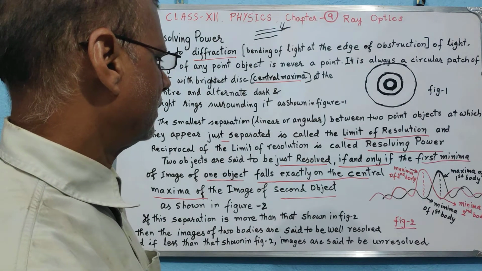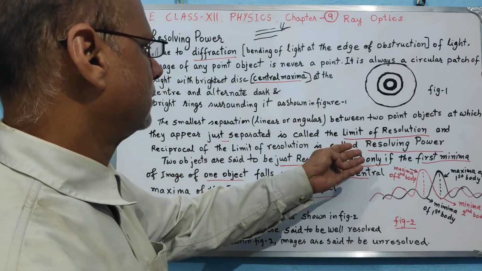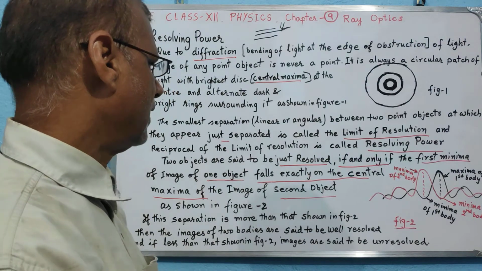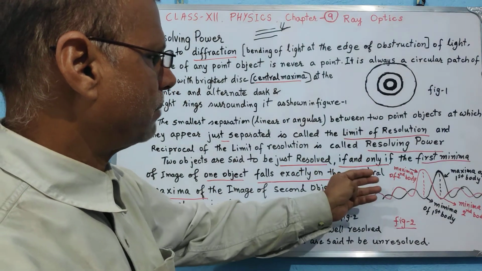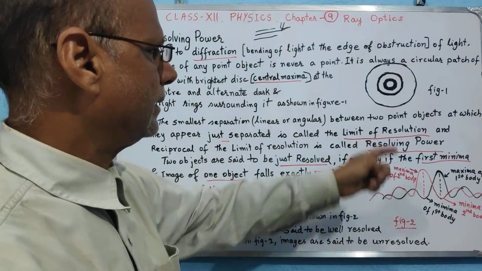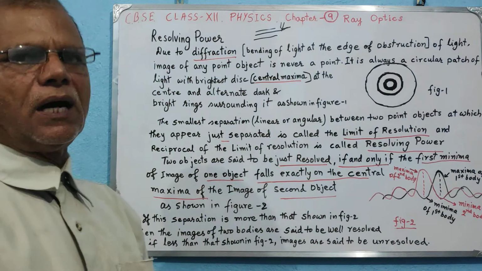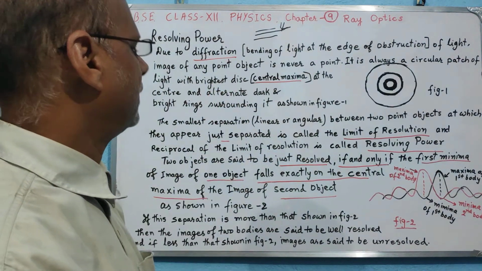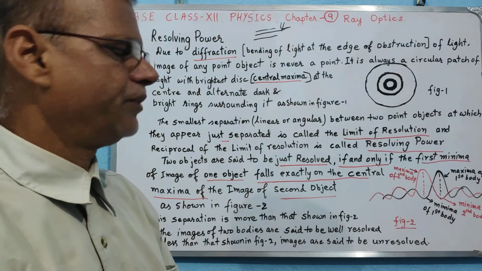If the separation of the bodies is more than the limit of resolution, then they are said to be well resolved. And if the separation is less than the limit of resolution, then they are said to be unresolved. So this is how we define resolving power. It is the reciprocal of the limit of resolution.